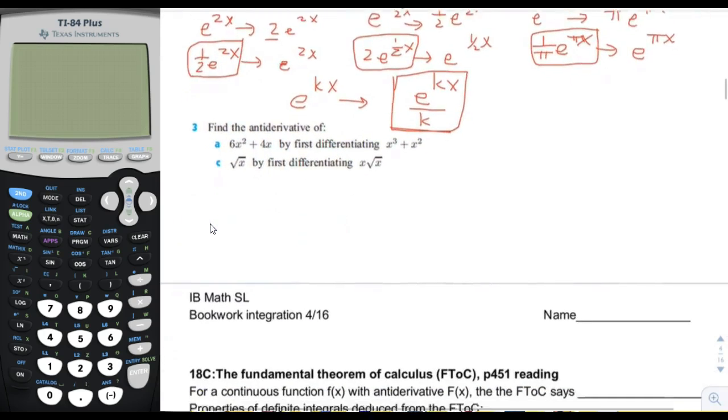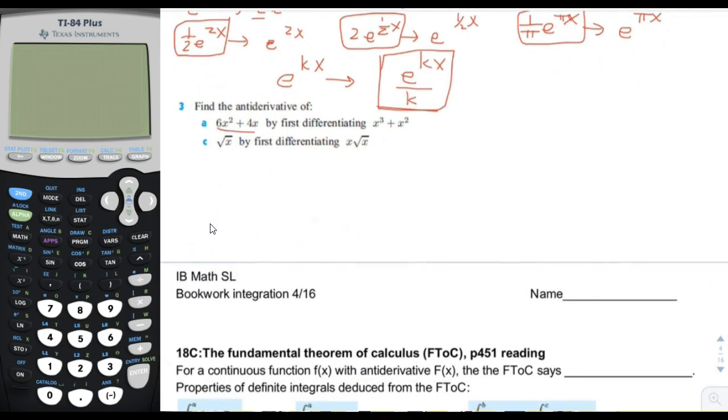Number 3. Find the antiderivative of 6x squared plus 4x by first differentiating x cubed plus x squared. I don't know what the antiderivative of this is yet, but here's a clue: take the derivative of that. The derivative of that would be 3x squared plus 2x, right? Let's see how that helps us. Well, look at that. That's pretty close to that, but not quite. It looks like they're different by a factor of 2.